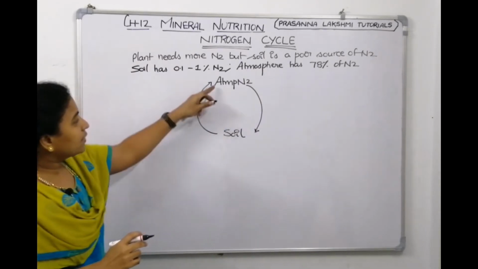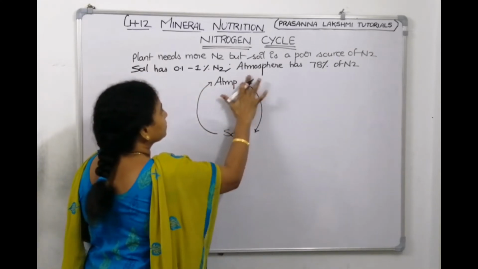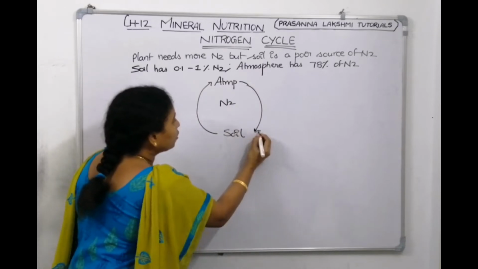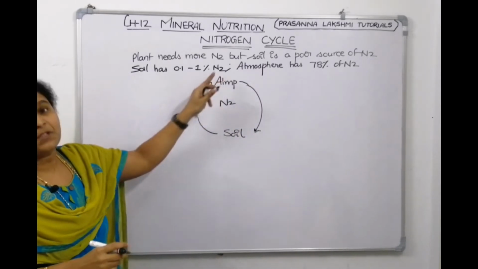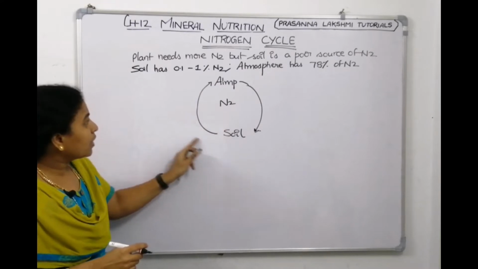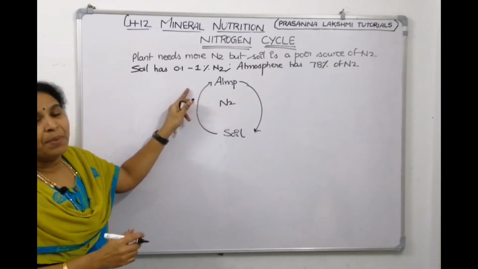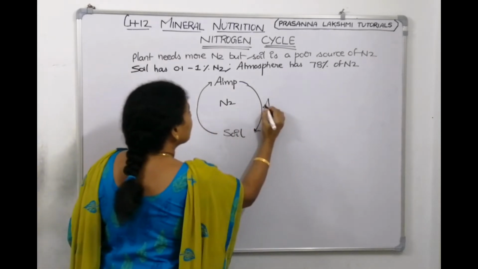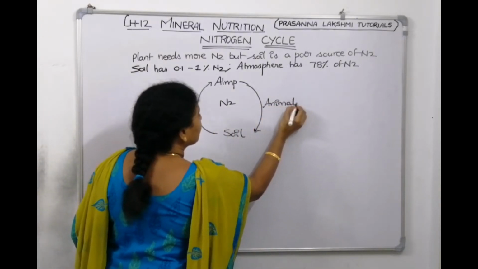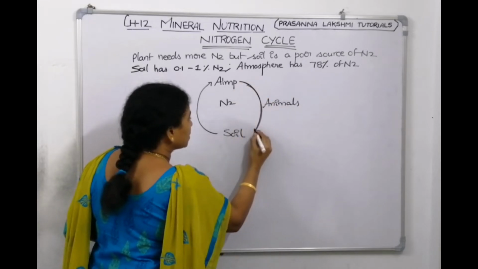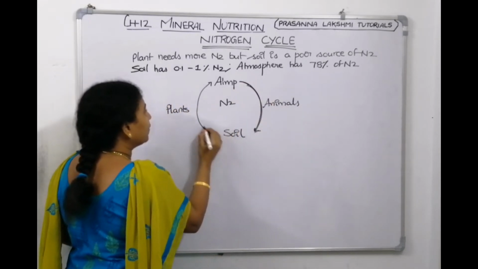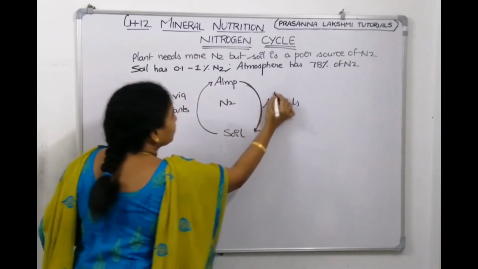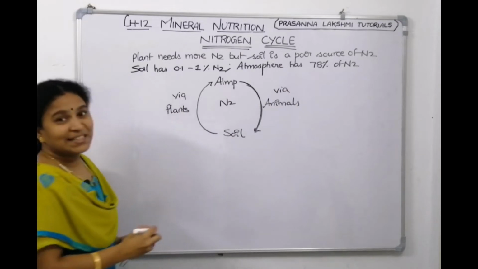So we'll write here: the cyclic movement of nitrogen from the atmosphere to the soil and from the soil to the atmosphere via plants and animals. Who is circulating this? Plants and animals are circulating it. This cyclic movement is called the nitrogen cycle.